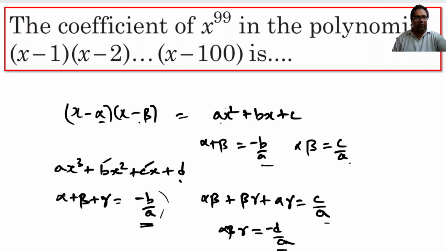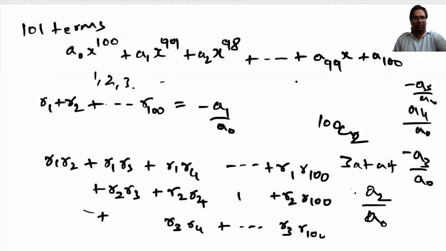The sum of the roots is equal to minus a1 by a0. Root 1 to root 100, the sum would be minus a1 by a0. What exactly is that? That is the coefficient of x power 99. That is what the question is about.